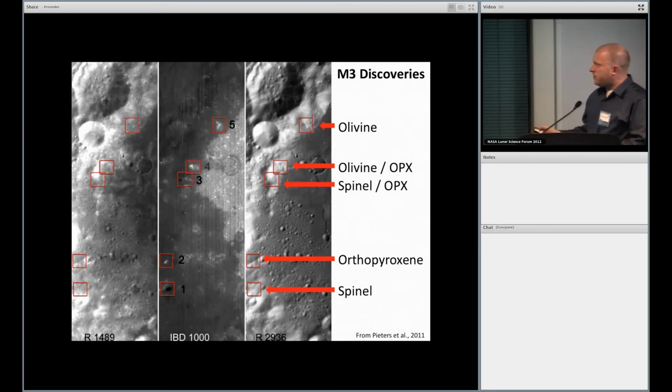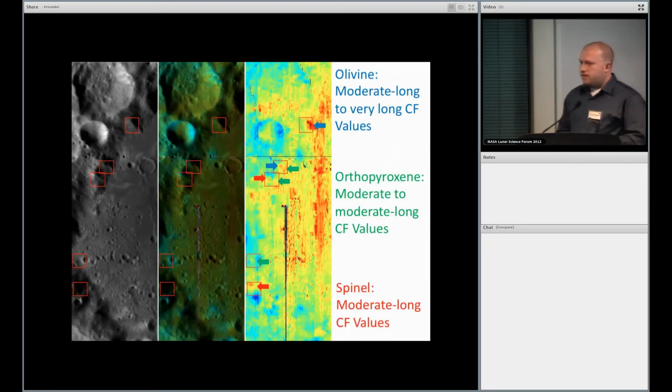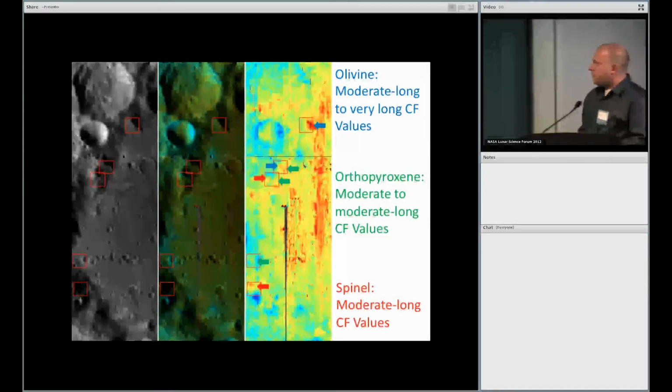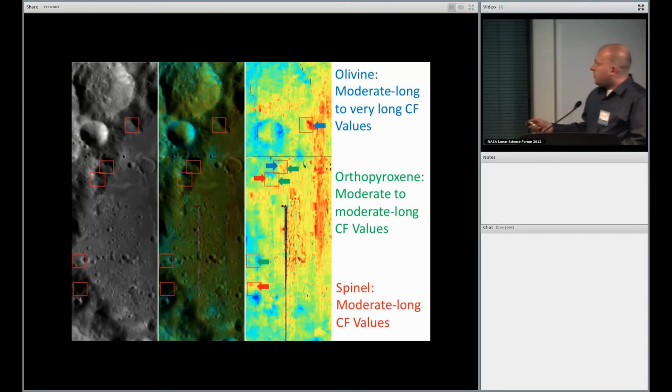When we look at these with Diviner, we're less sensitive to the actual mafic composition of those sites, but we are very sensitive to the feldspar to mafic ratio, and so we can say interesting things about how much country rock has been mixed into them. So for the olivine sites, which are this one and this one, the blue arrows, you can see that there's a great difference in the color of Diviner, even though these have fairly similar signatures with M cubed, and so we know that this site has quite a bit more feldspar mixed in with it.